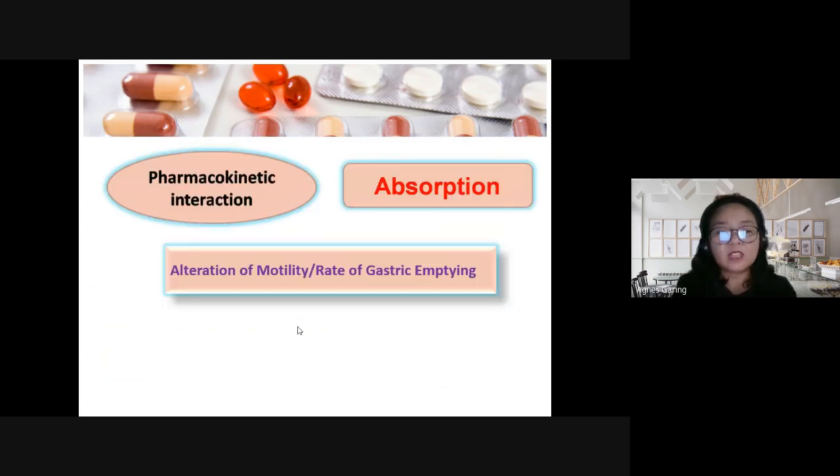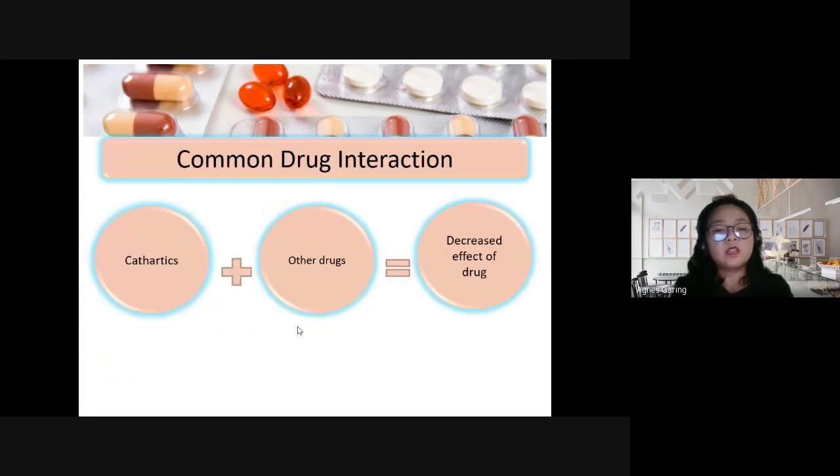Because the motility, okay, the alteration of the motility, yung paggalaw ng, the peristaltic movement of the stomach and the small intestine is being affected, then there would be possible, actually this one, it can be an increase or decrease in the effect of the drug.